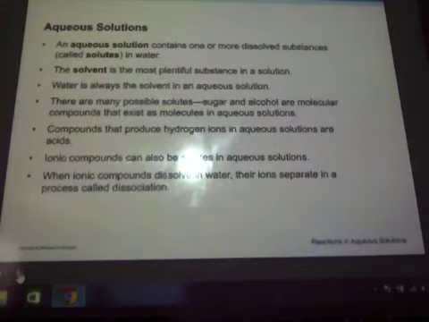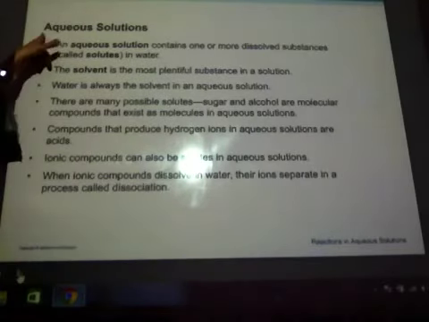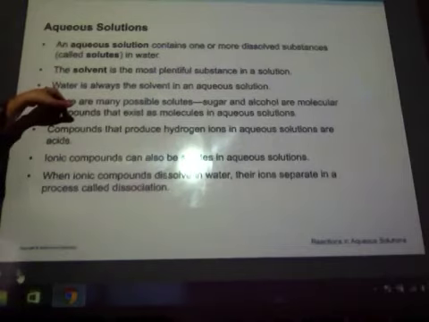My lead nitrate, you can see if I don't shake it up, it'll kind of settle, so it does not completely dissolve. Carbonates don't dissolve all that well, so I have a little bit at the bottom of my sodium carbonate. But when I have an aqueous solution, aqua means water in Spanish, water is always the solvent.